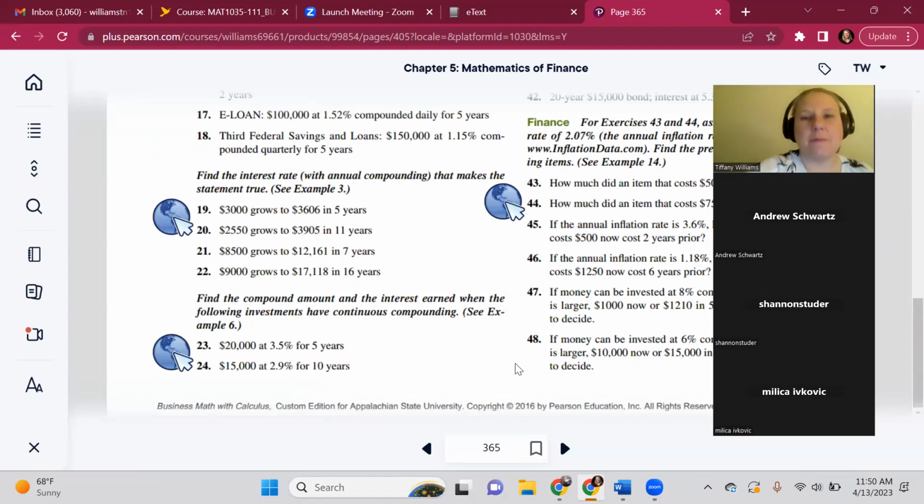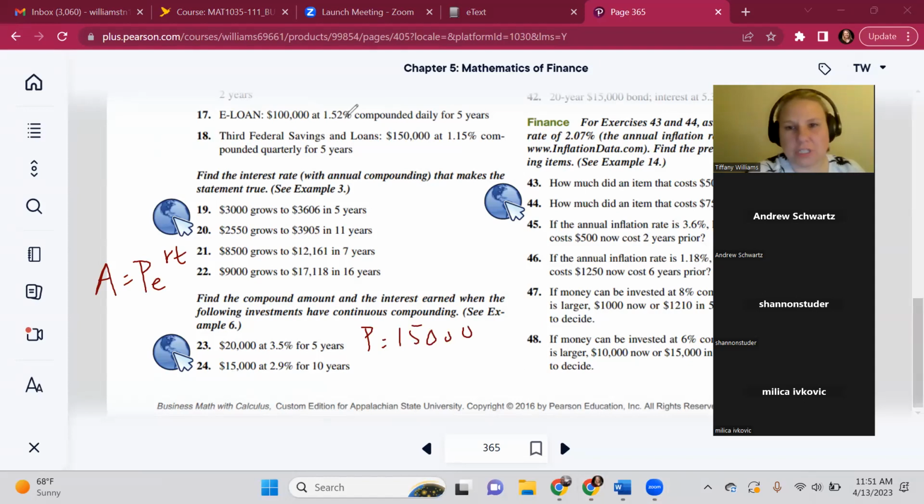So again, if I label everything that I know here, on number 24, we've got $15,000 at 2.9% for 10 years. So according to my formula, which again was A equals PE raised to the RT, let me write out what we know here. P is going to be 15,000.